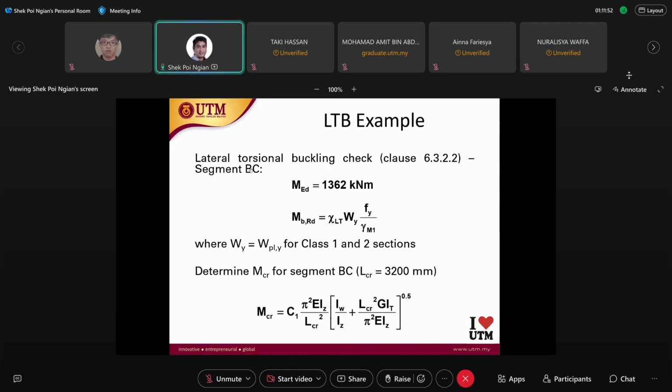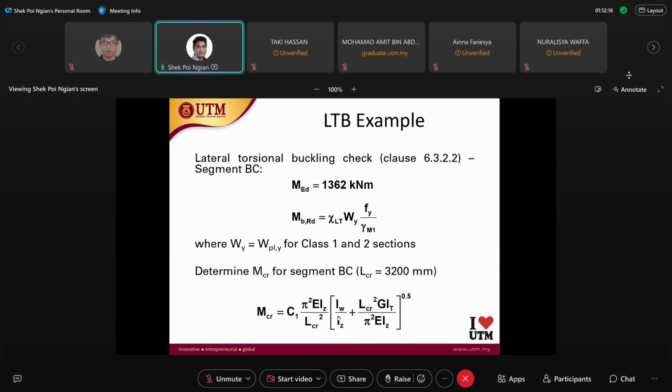Then we check segment BC, starting with segment BC. Segment BC maximum moment is 1362, and we have an L_cr of 3200 millimeters, 3.2 meters.